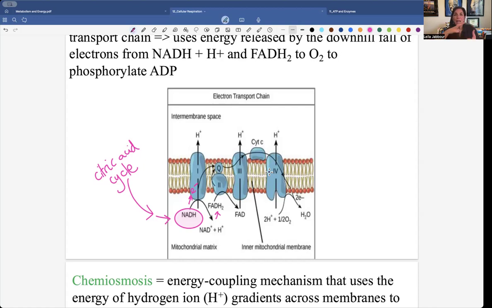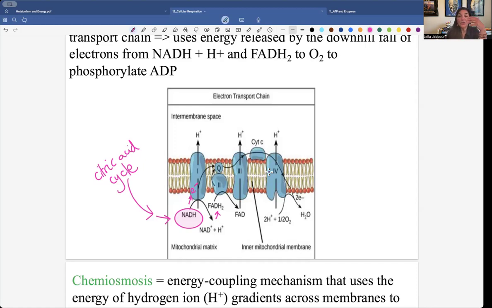And the energy from taking these electrons from NADH drives the movement of hydrogen ions through the membrane. That's the purpose of these electron transporters, NADH and FADH2. When they come to the membrane, they're dumping their electrons. They're going to get sucked up by these electron transporters in the chain, those complex blue proteins there.